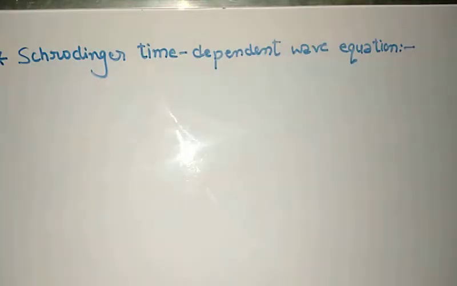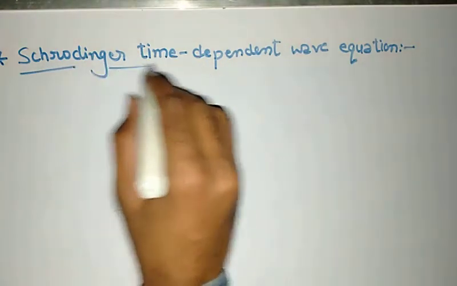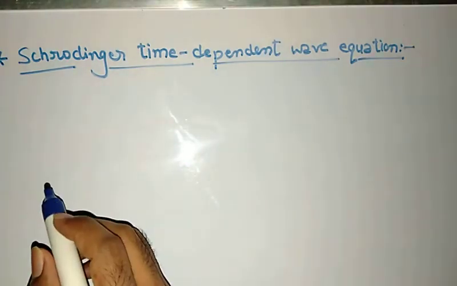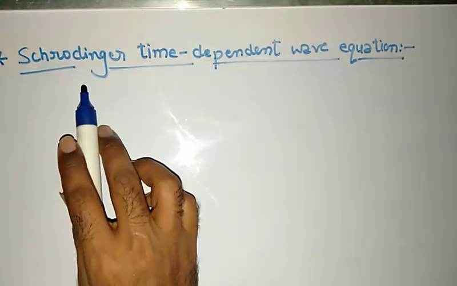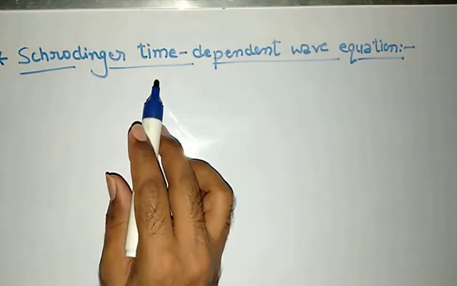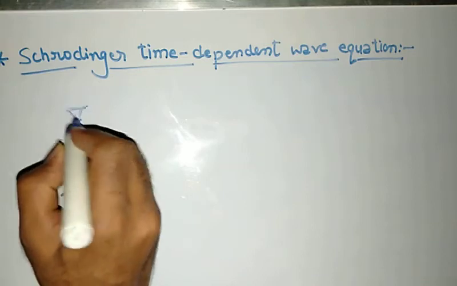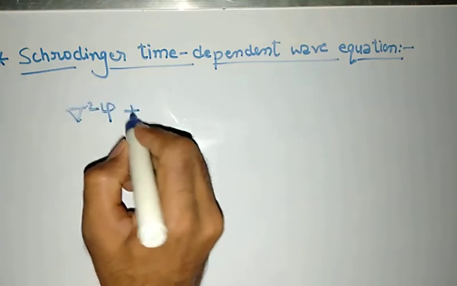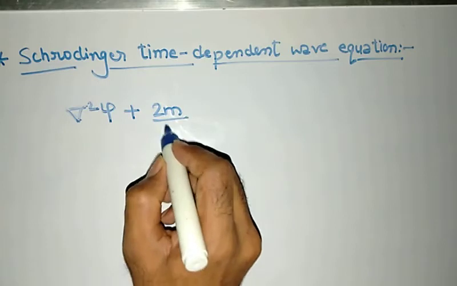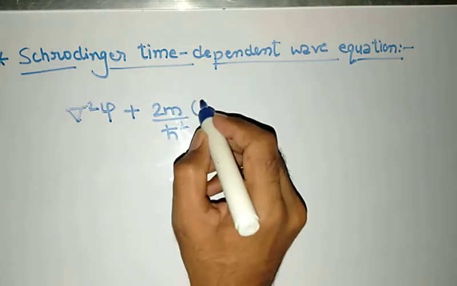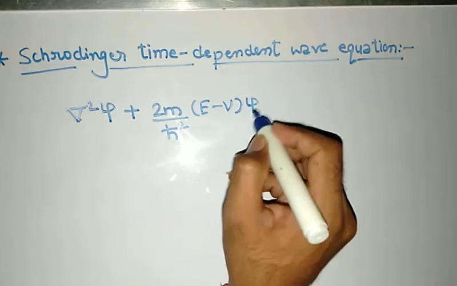Hello, let us start the Schrodinger time dependent wave equation. In the previous video, we learnt about the Schrodinger time independent wave equation. What we proved in the previous video is del square psi plus 2m upon h cut square (E minus V) psi is equal to 0.